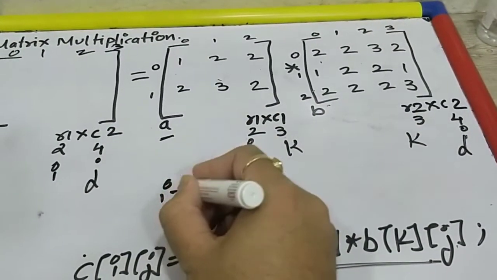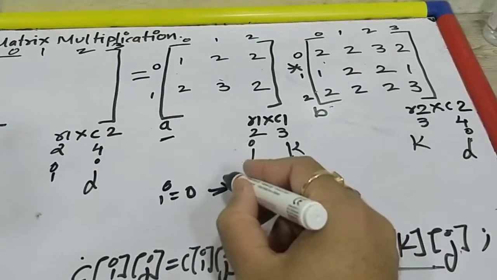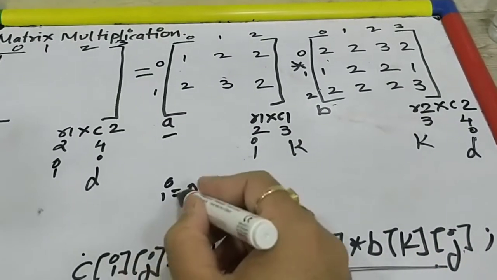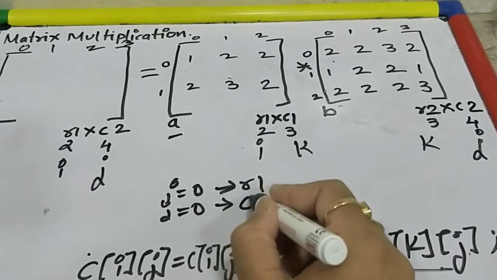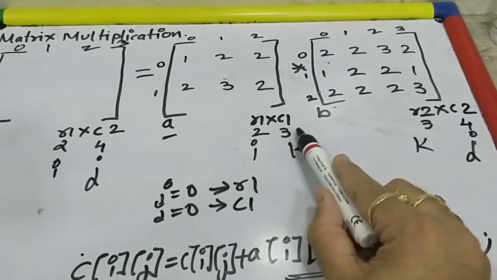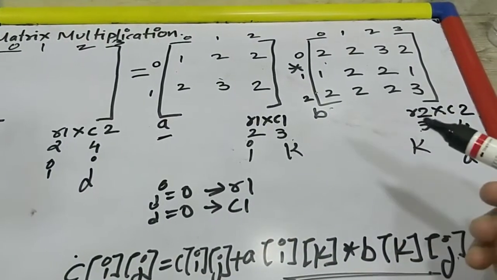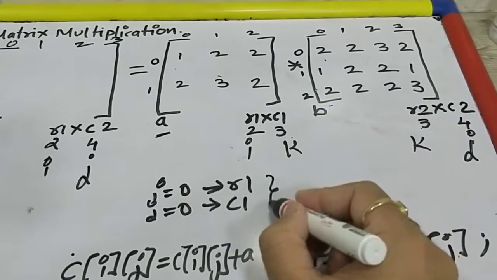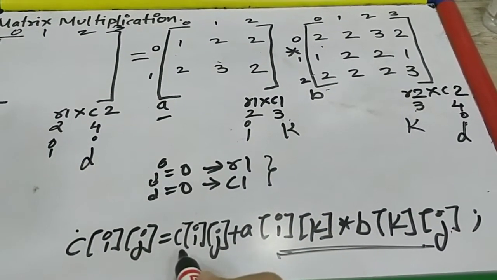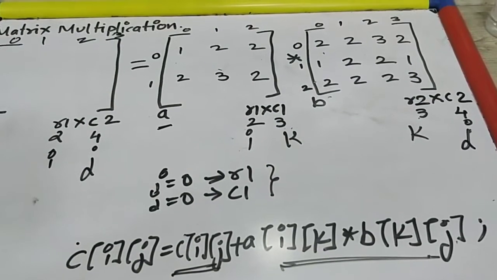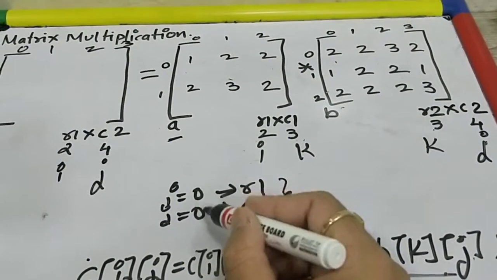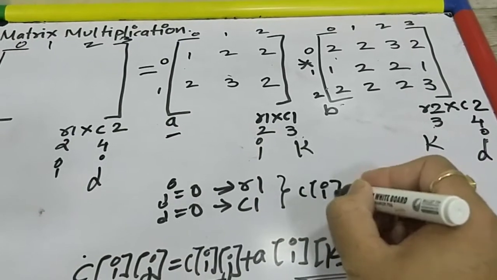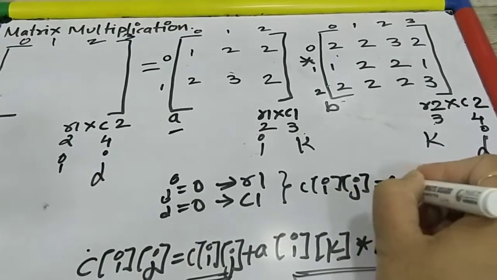Now here I goes from 0 to R1. J goes from 0 to C1, you may write R2, because the value of C1 is 3 and the value of R2 is 3. But remember one thing, since we are going for continuous addition, the first value of Ij should be 0. So in this loop, we have to initialize C of Ij to 0.